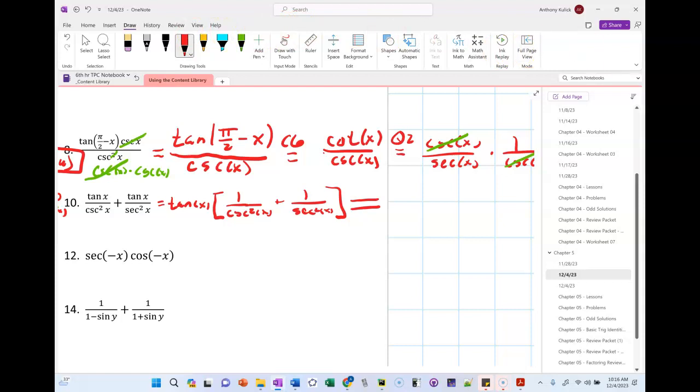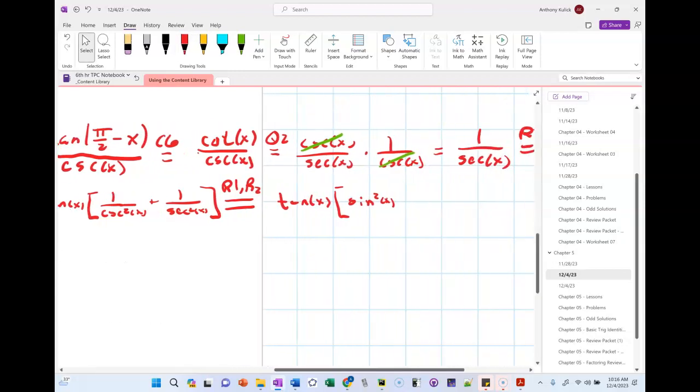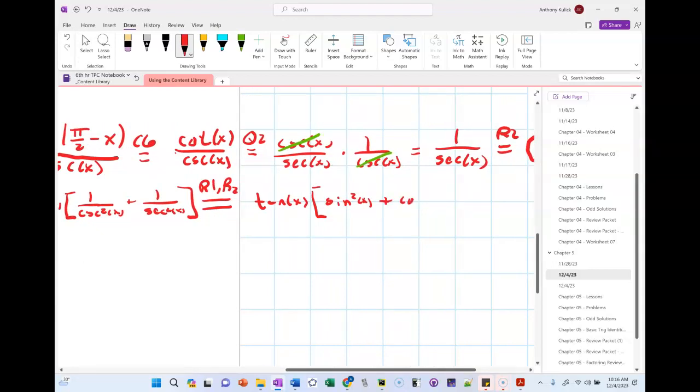So R1 allows us to rewrite 1 over cosecant squared as sine squared. And R2 allows us to rewrite 1 over secant squared as cosine squared.